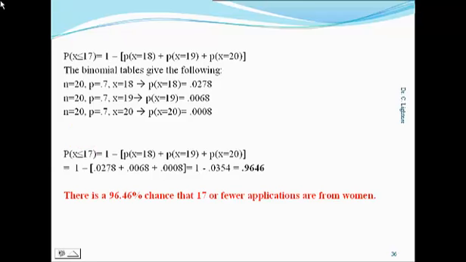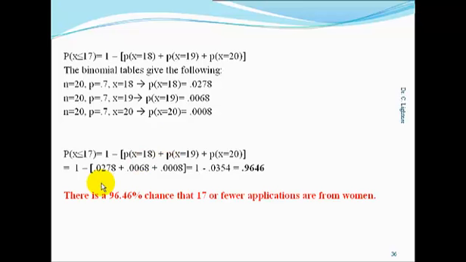So the probability of our event is equal to 1 minus the probability of the complement of this event. If we use the binomial tables and look up n equals 20 and p equals 0.7, for x equals 18 successes, for x equals 19 successes, and for x equals 20 successes, we can find their corresponding probabilities.